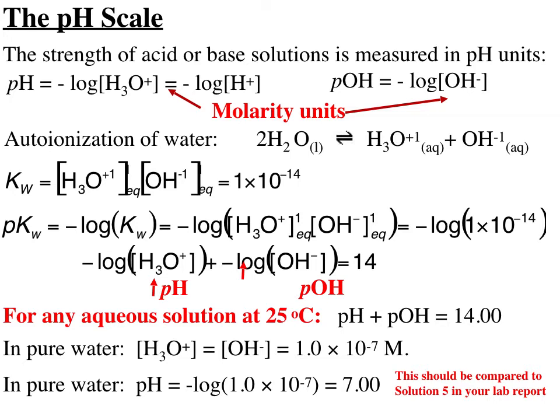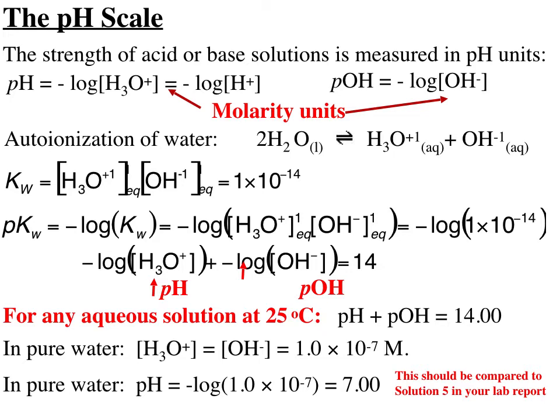Now I will take the negative log of the opposite side of the equation also. So I'm going to take minus the log of H3O plus to the first times OH minus to the first. An interesting property of logarithms is that the logarithm of a product is the sum of the individual logs. So minus the log of H3O plus times OH minus is equal to minus the log of H3O plus minus the log of OH minus.